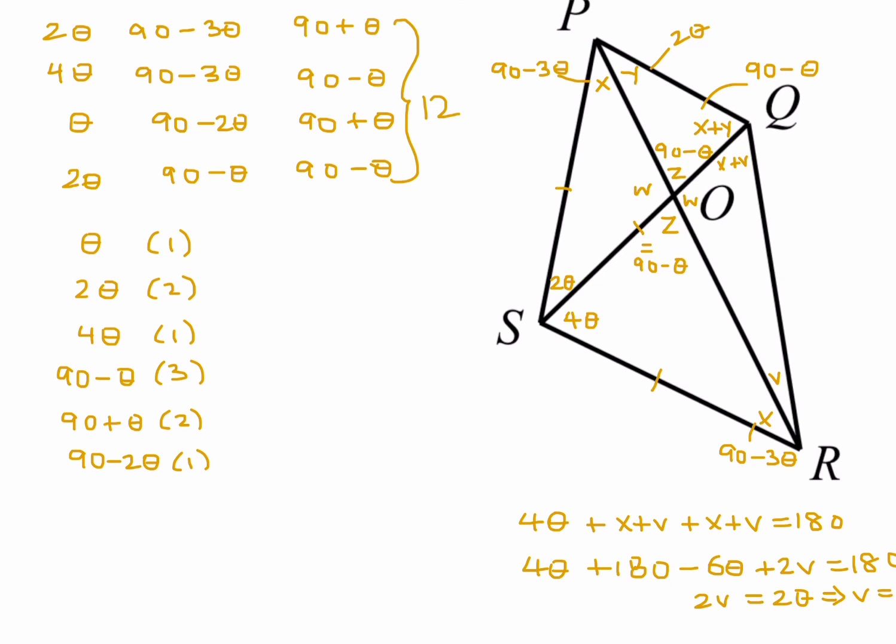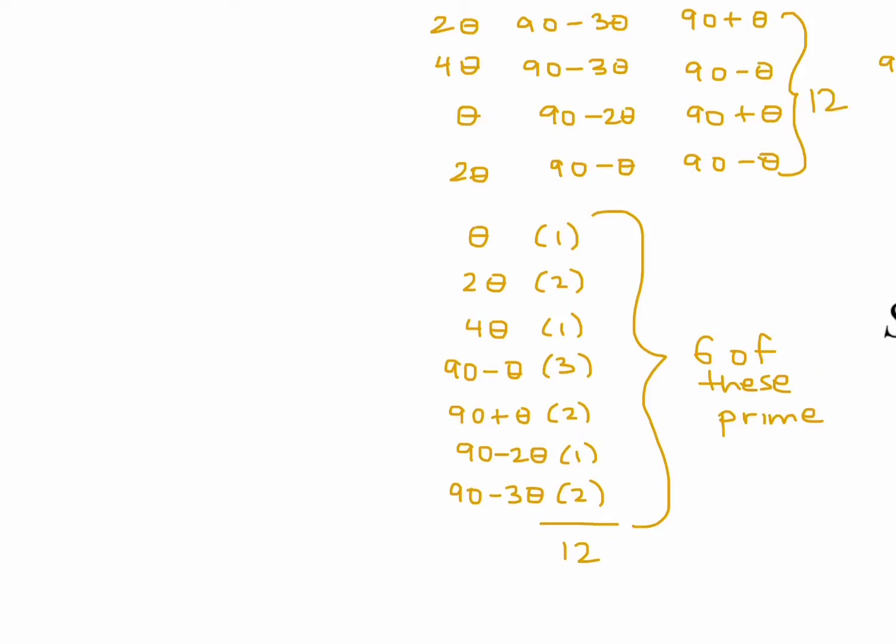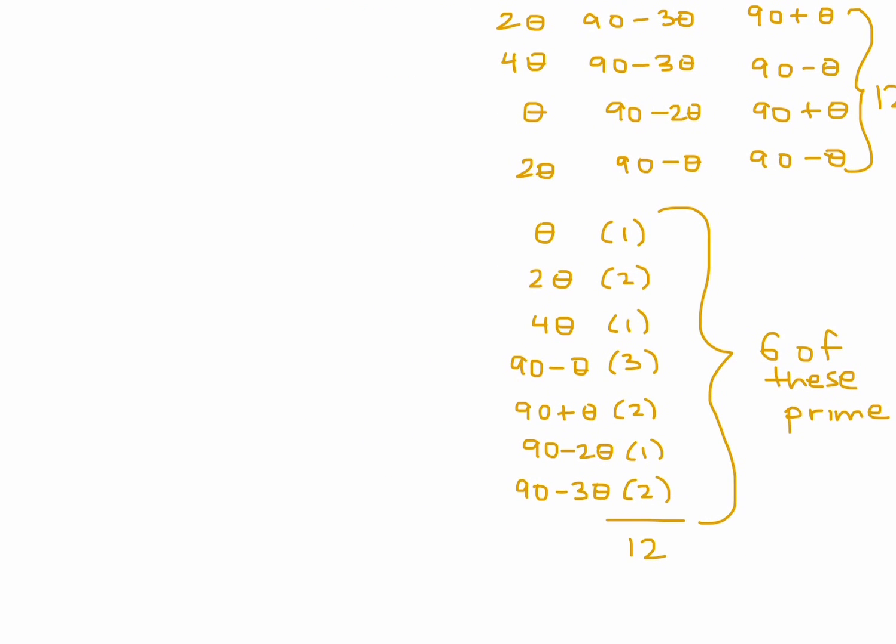And finally, 90 minus 3 theta is listed twice. So that means 1, 2, 3, 4, 5, 6, 7, 8, 9, 10, 11, 12. Yeah, 12. Okay. Now, the rule is that 6 of these must be prime. 6 of these have to be prime. And we've got to figure out how to do that. Okay, so let's make a table with these angles.